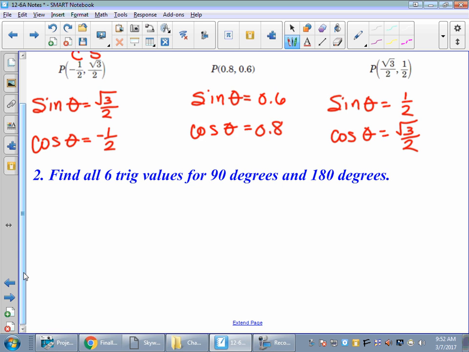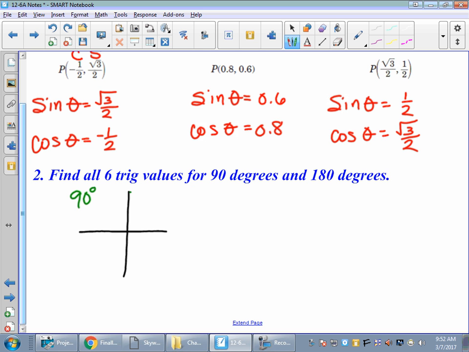So let's talk about all 6 trig values for 90 degrees. If you draw this for 90 degrees, I'm going to draw just a quick little sketch. But instead of drawing a reference triangle, there is no triangle because we're on one of the quadrants.